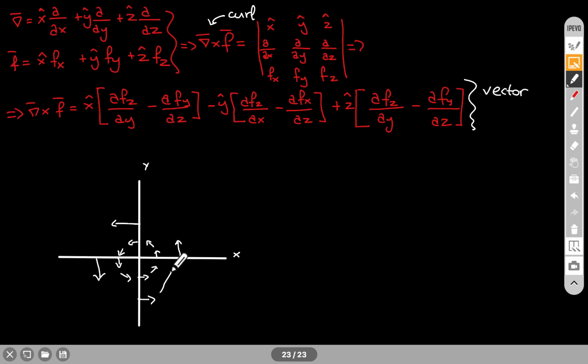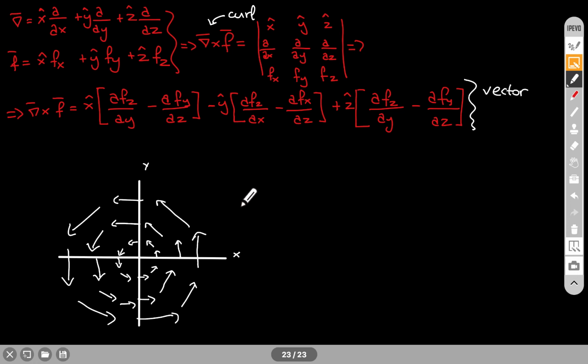Of course, my straight lines are not really that straight, but you get the idea. And the same thing, you can imagine something even bigger. All right, I'm gonna stop here.